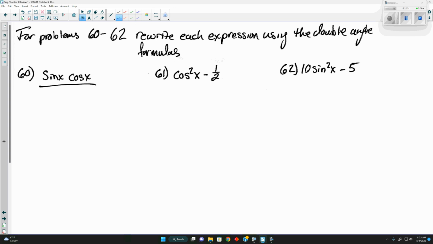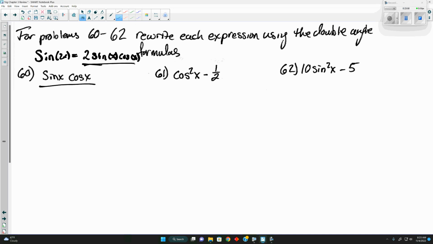So if we look at sine times cosine, the double angle formula that matches up with is sine of 2x, which is equal to 2 sine of x cosine of x, yes? But does it match up exactly? Well, no. This here has a 2. This one doesn't.